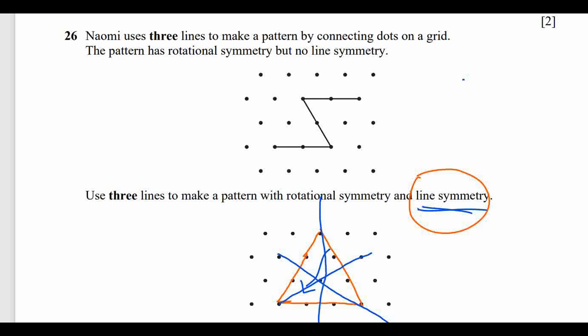And of course it has rotational symmetry, meaning when we rotate from here to here, it will match exactly. And also if we rotate from here to here, it will also match. So it has rotational symmetry. That will be the easiest answer for this one. So just draw a simple triangle.